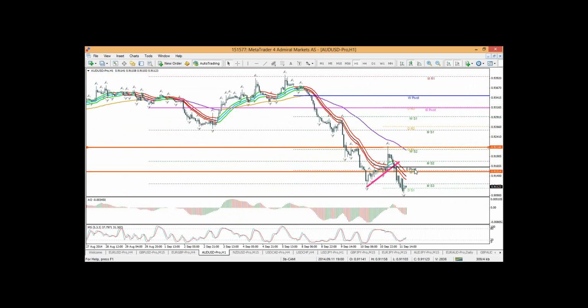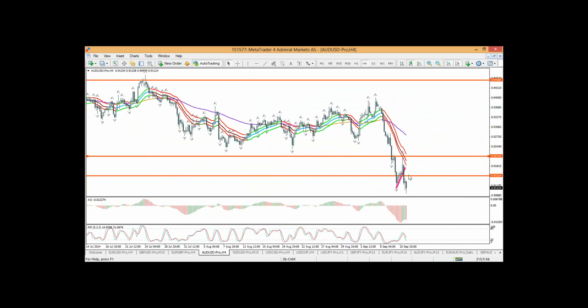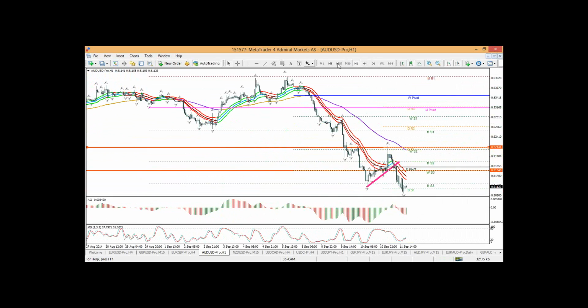But if it does hook back to the daily pivot point, it still remains potential resistance in this zone. That could still provide a good resistance spot for more downside. We could see some retracement of the 4 hour candle as well. So anywhere around 91.50 could be a good hook back for more downside. That's how I would look at it at the moment.